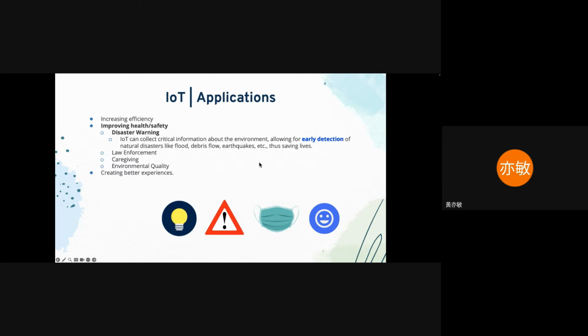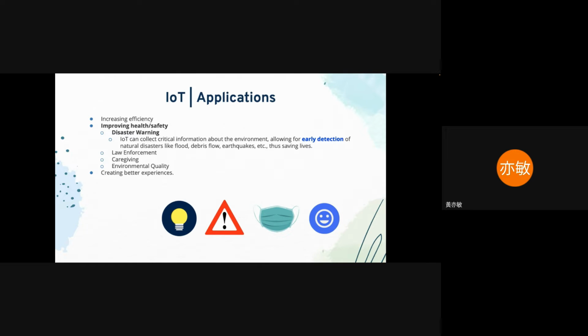Okay, so let's catch up. For IoT applications, especially for disaster warnings, we want early detection because it is important to our people. As scientists, we usually work hard to find any prediction model that can help us determine the time window for evacuation for certain natural disasters.